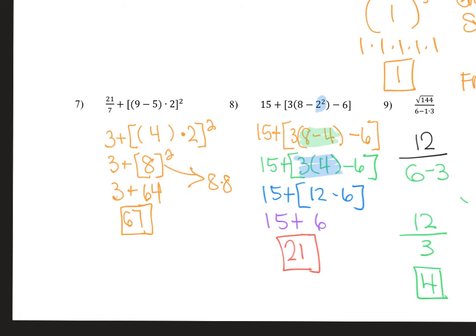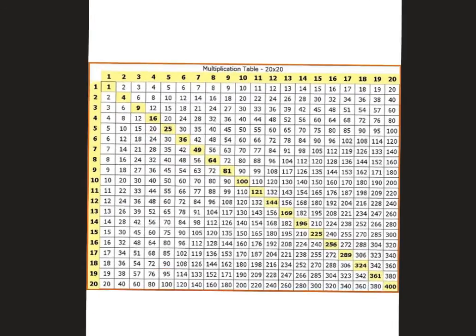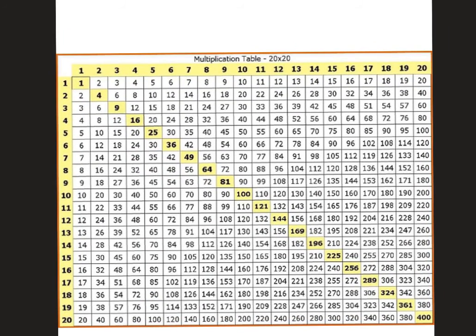All right. These yellow numbers on the diagonal here are your perfect square numbers.